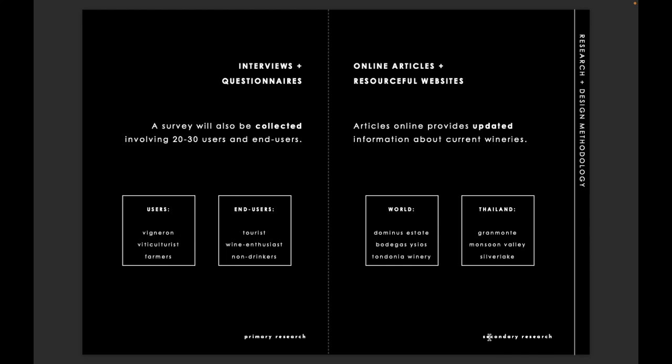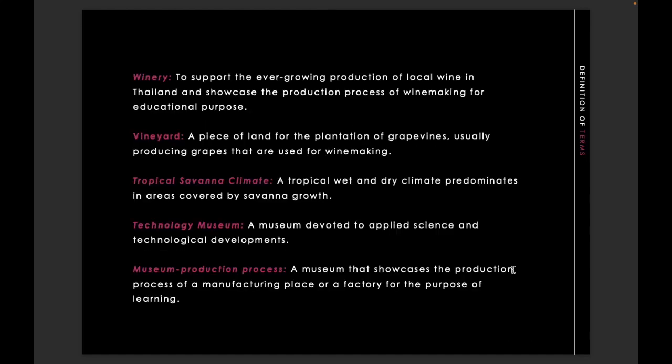As a secondary research, he will talk about online articles and research food websites. He put in the wall reference of existing buildings around the world and some references that he's taking in Thailand, which will be the context that his winery building will be. And the definition of terms.